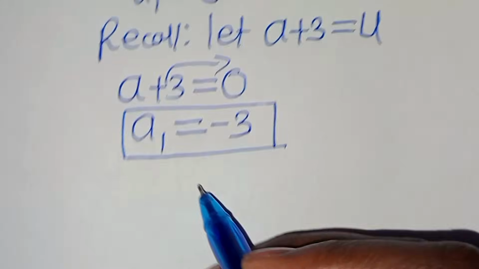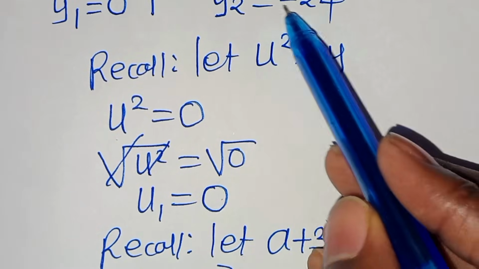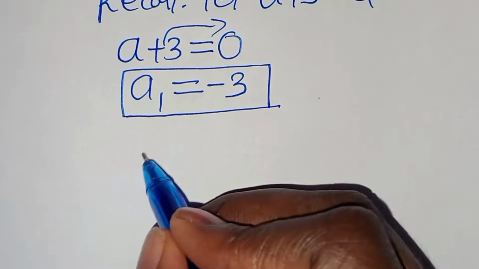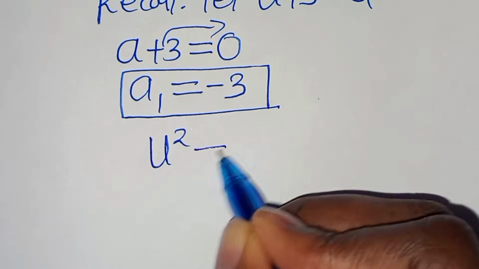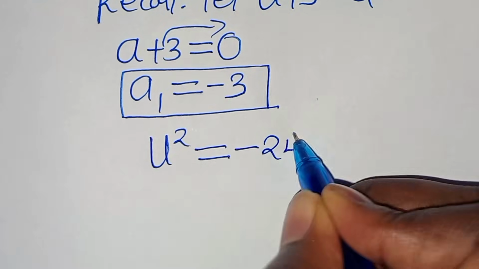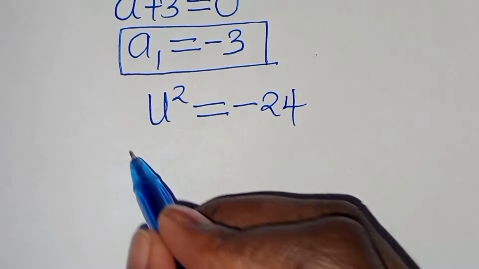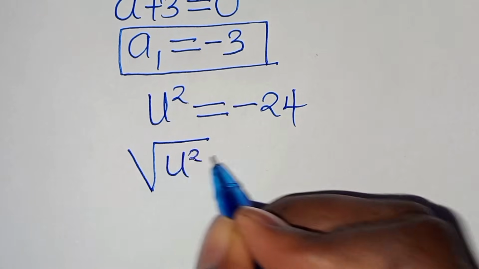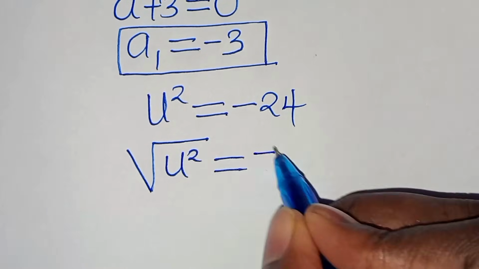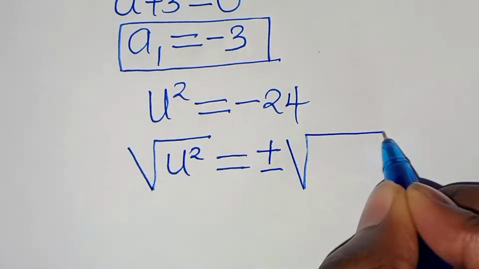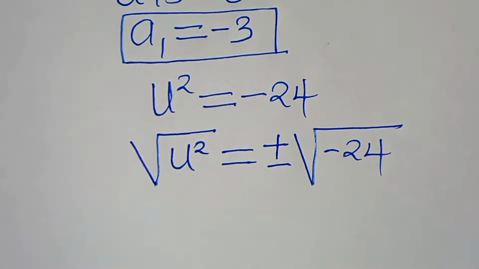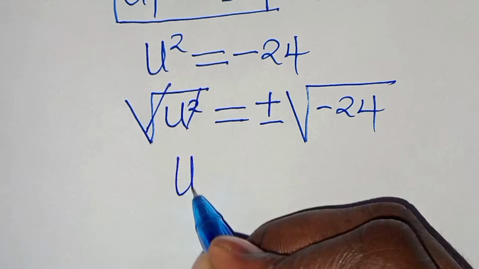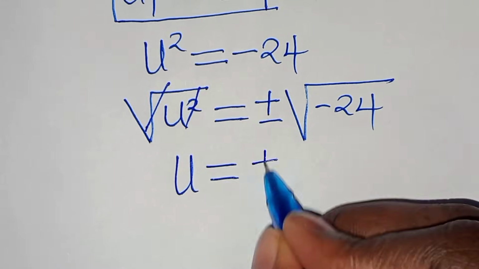Now, the second part, we have y2 is equal to minus 24. So we have u squared equal to minus 24. To solve for u, we introduce a square root on both sides. We have the square root of u squared equal to plus or minus the square root of minus 24. Let's eliminate the square root sign here, so that we have u is equal to plus or minus.